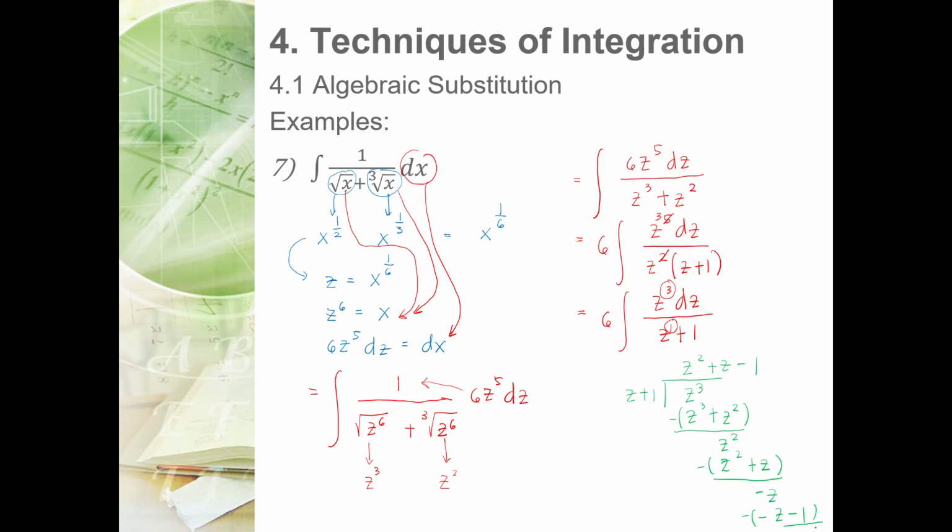So the remainder is 1. So the new expression would be z squared plus z minus 1, and then plus 1 over z plus 1. Since there's no more space, just try to continue this line here with the integration process.